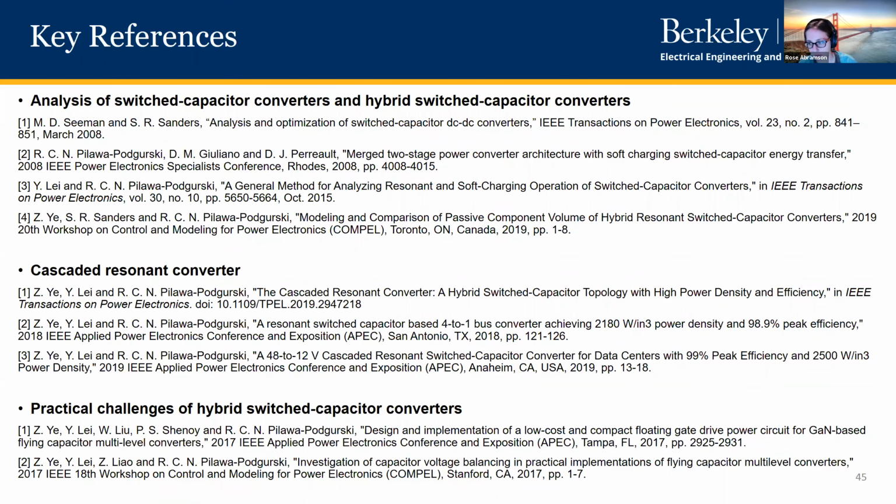I can share these slides with you as well. The 6-to-1 topology that I presented has only been presented at ECCE, but we have some future work that we'd like to do with that. The 8-to-1 was presented at the last APEC, and some of the 4-to-1 work was at the APEC before that. If anyone is interested in specific papers, I can send those out.